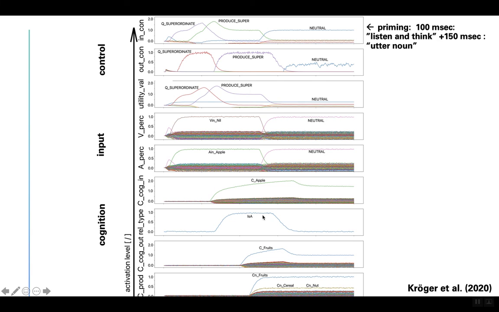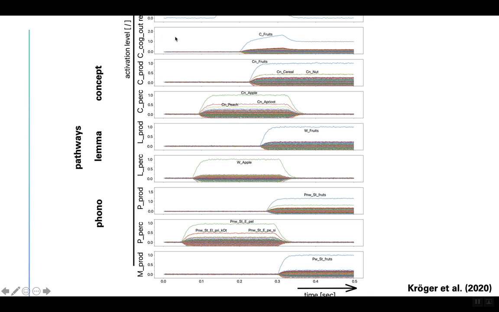A binding process happens, so the relation type buffer is activated, and we get here for the word apple the superordinate word fruit, and the word fruit is given to the cognitive output level, and then it passes the production pathway, so from concept to lemma to phonological form to motor form.